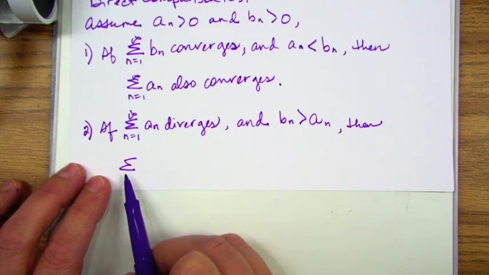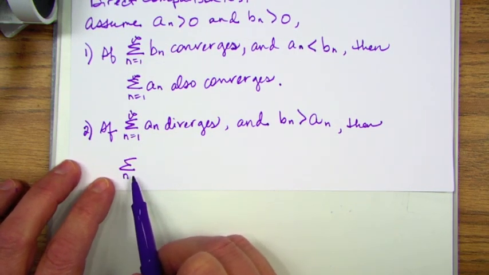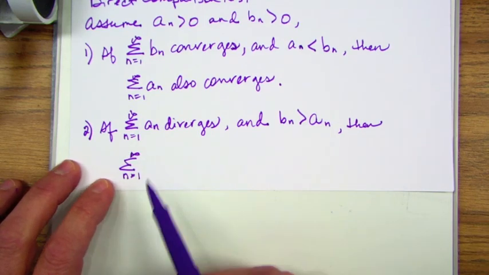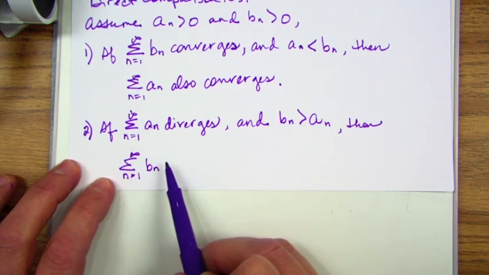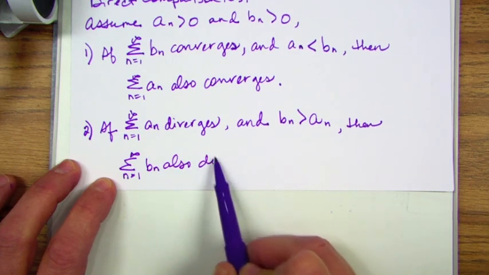The series from n equals 1 to infinity of B sub n also diverges.